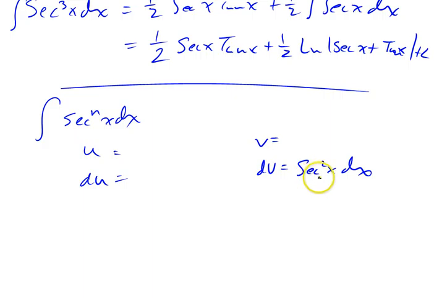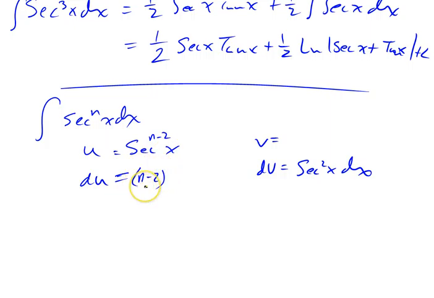So with the secant squared x dx being the dv, everything else has to go into u. So that would be a secant to the, we use 2 of them over here, so that must be n minus 2 factors left. Right. Take the derivative of this thing now. So this is secant of x raised to the n minus 2 power. So I've got n minus 2.